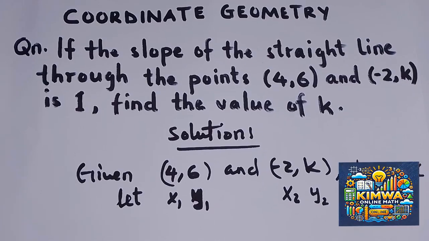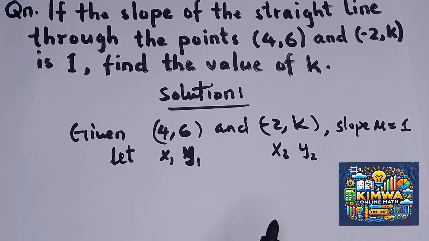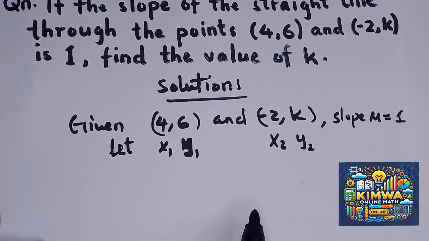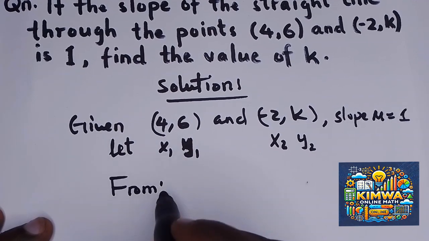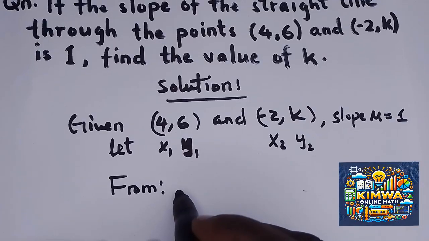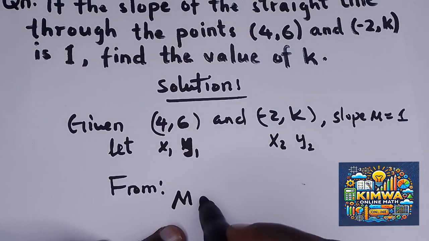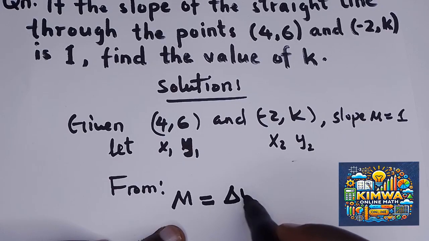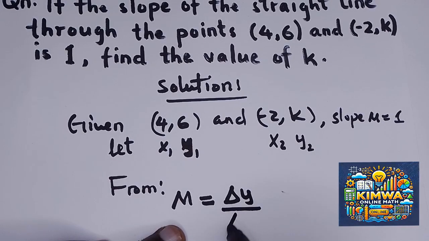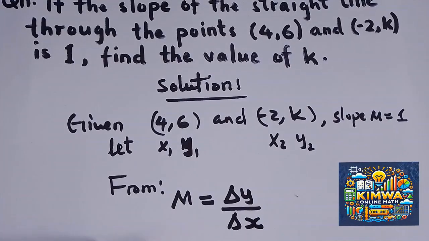Then what we do is very simple. You are going to apply the formula, which states that the slope can be calculated by taking the change of y divided by change of x.